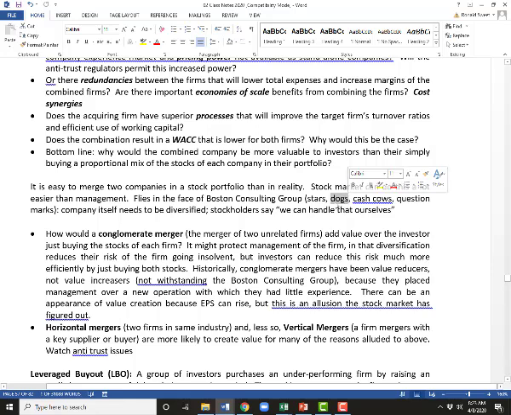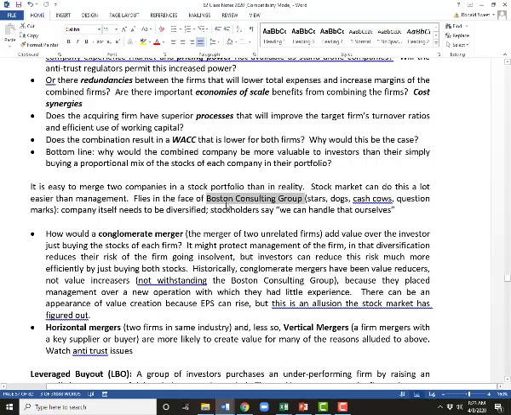Dogs are slow-growing and use up a lot of cash, and then question marks might be fast-growing but use a lot of cash, but you're not really sure where they're going. And Boston Consulting Group says you need to make sure you have some of all of this. And that theory has really gone by the wayside. It's not really respected as much. You may still see it in some of your classes. I'm shocked that colleges still teach that theory. Boston Consulting Group itself doesn't even like this theory anymore.